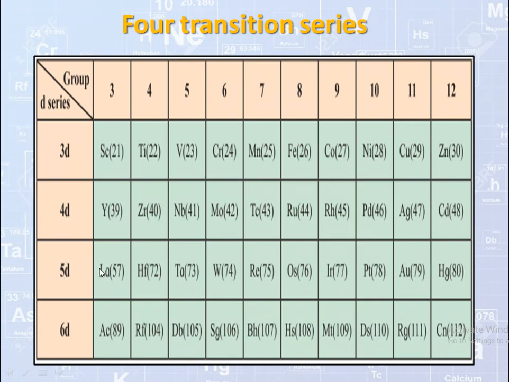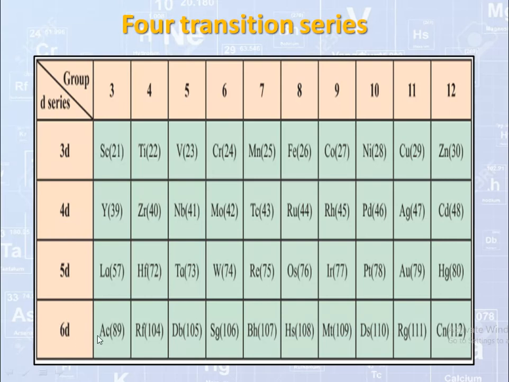It consists of lanthanum and hafnium to mercury. In between lanthanum and hafnium there is a lanthanoid series which cannot be considered as 5d series. The fourth series is the 6d series.